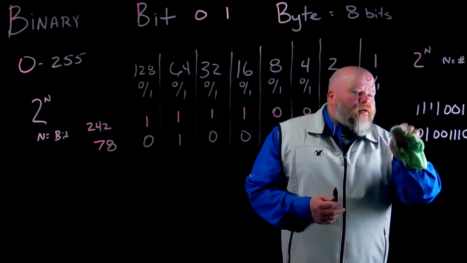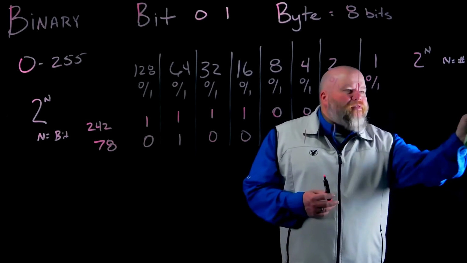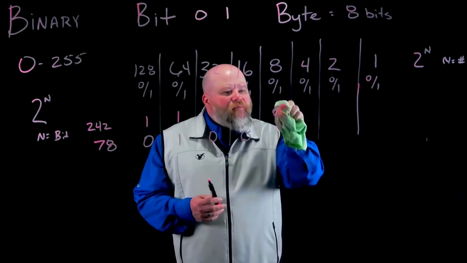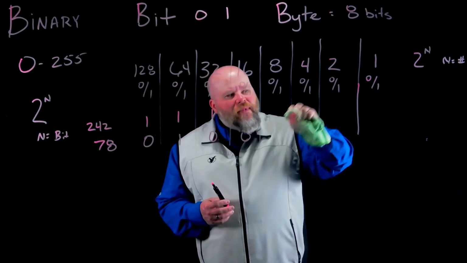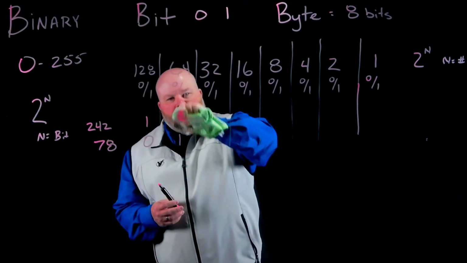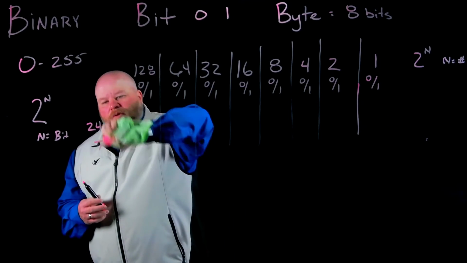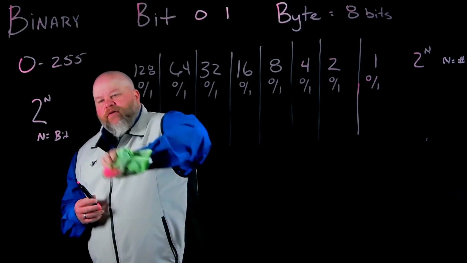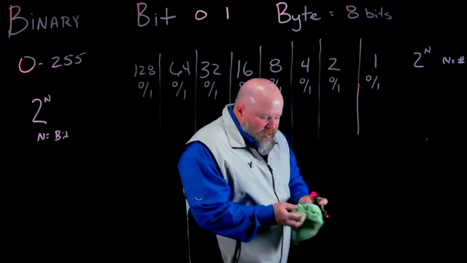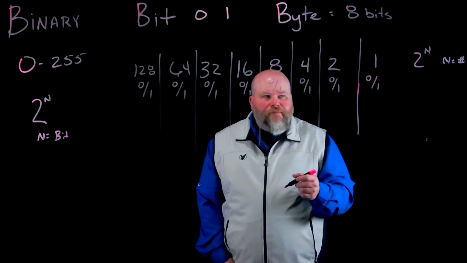So the next part to consider about binary, and a tough concept for a lot of people to really wrap their head around, is the concept of buckets and how binary math counts up. So the basic math of just doing a little bit of subtraction and turning values on or off is not terrible. But when we start talking about how binary counts up, it gets a little trickier.